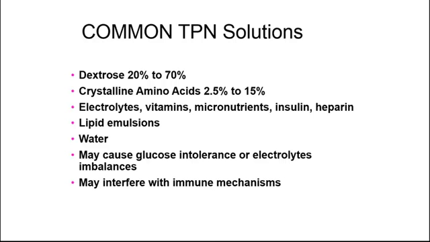A patient on TPN will have a daily complete chemistry panel done every morning, and we're going to be monitoring bedside glucoses. According to hospital protocol, some hospitals call for every 4-hour blood sugars and others every 6 hours. We follow the hospital policy, but it's going to be frequent monitoring of glucose.